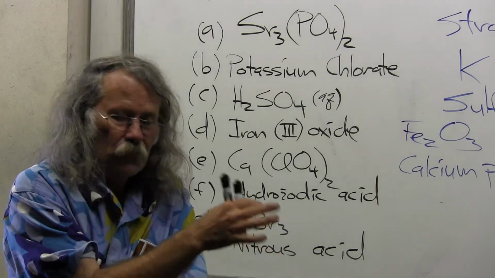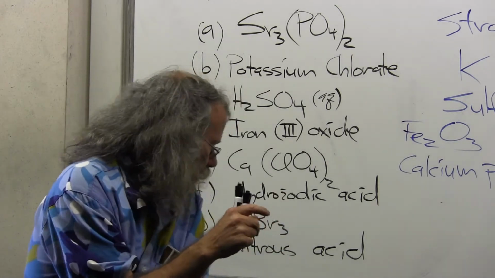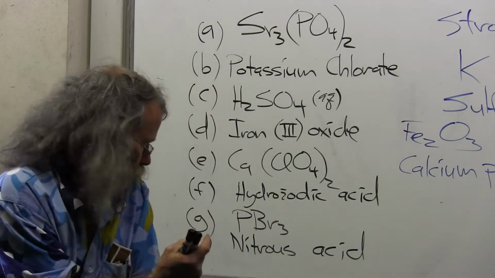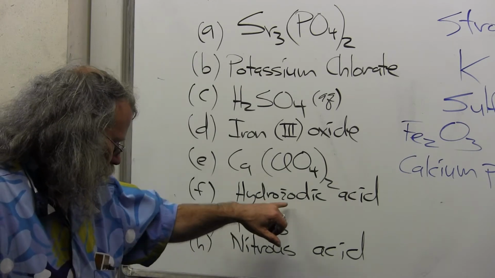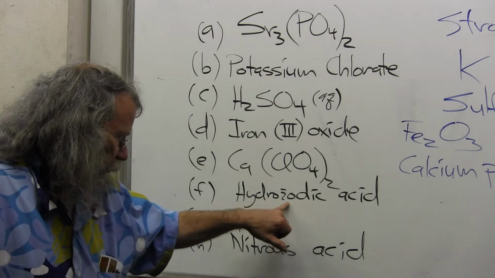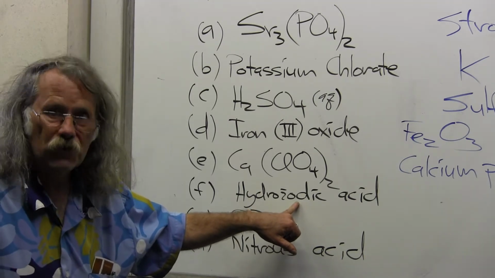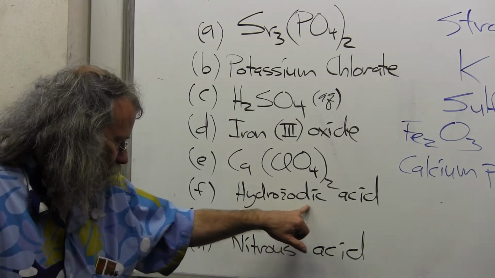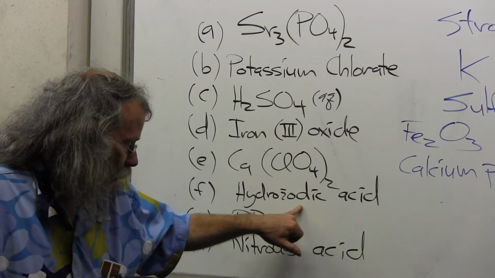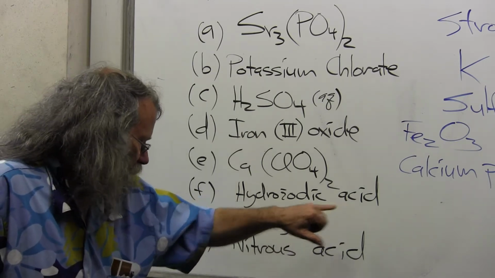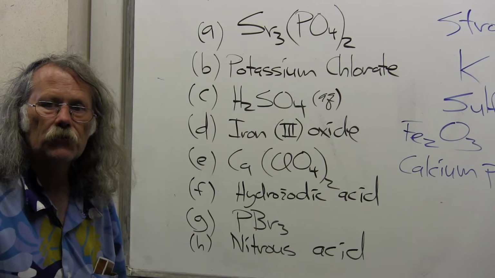So we don't name it after the hydrogen, we're going to name it after the other element, and it's going to be given the stem name from that element, the non-hydrogen element, which is iodide, or iodine, and is given the ic acid and a hydro prefix.